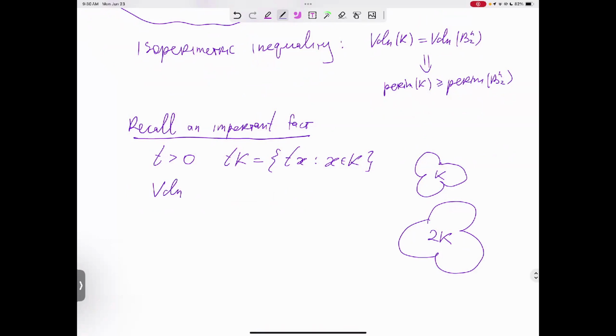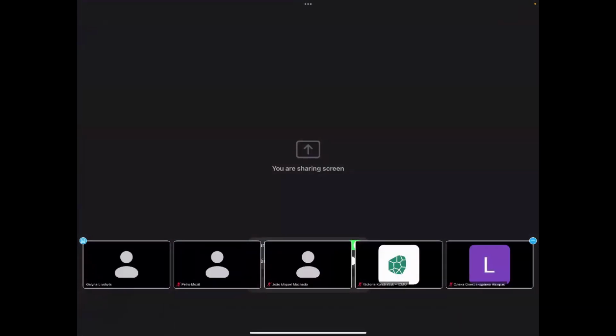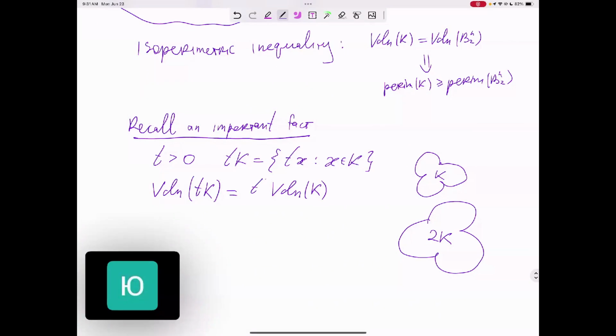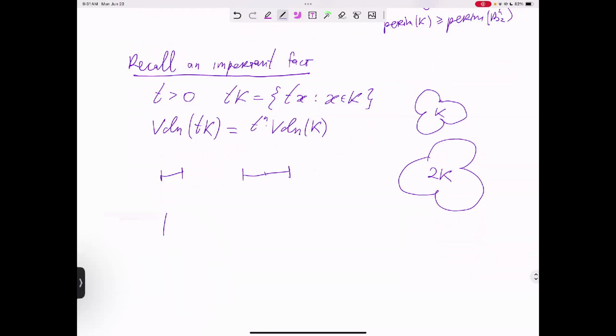What can I say about the volume of tK in terms of the volume of K? Can somebody tell me? It will increase by t to the power of the dimension. Exactly. It's going to get multiplied by t to the power n. So on the line, if I have a linear segment and I double it, obviously the length will double. On the plane, if I have a square and I double it, the area will quadruple.